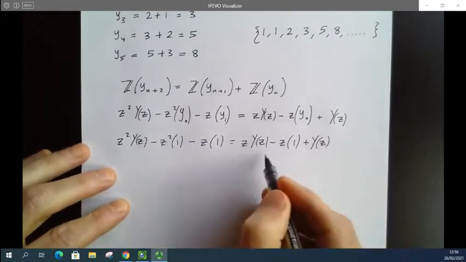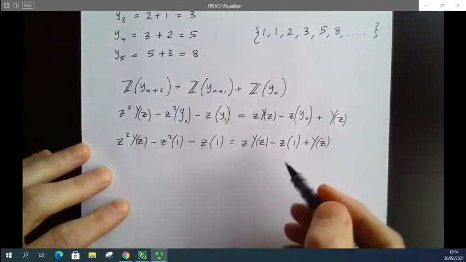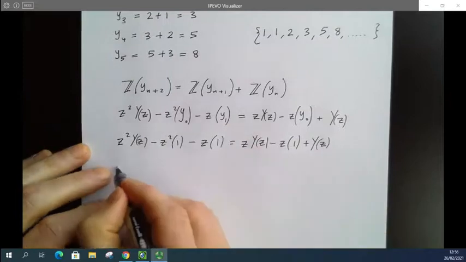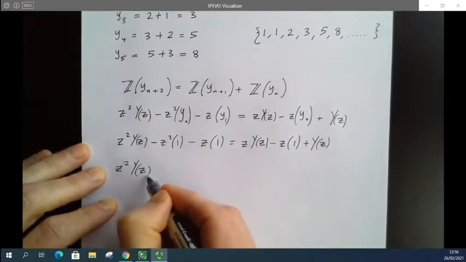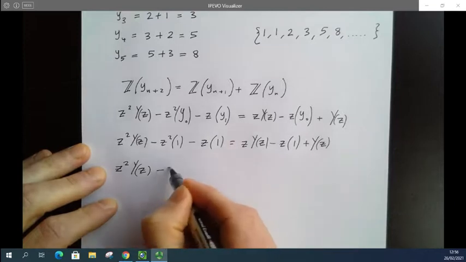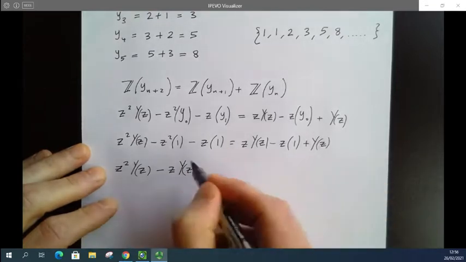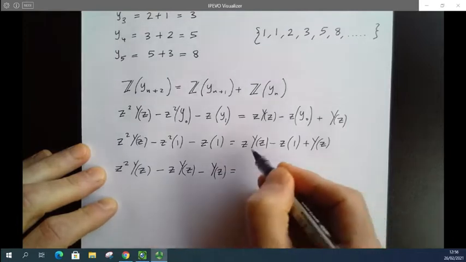I want to gather up all of my y of z's and put them on the same side. I'll bring them all to the left hand side, and then I'll factorize. So this comes over, minus z times y of z. This term comes over as well, so that'll be minus y of z. And all the other terms I'll bring to the right hand side.